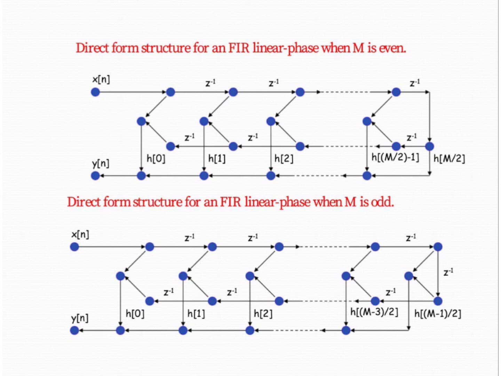If you want to connect z to the power minus 1 and z to the power minus 3, as you can see, this is the output of z to the power minus 1 and this is the output of z to the power minus 3. Both are connected with the help of this adder, and the output is connected to the multiplier. In this way we can connect and reduce our multiplier components using the linear phase property of the FIR system.